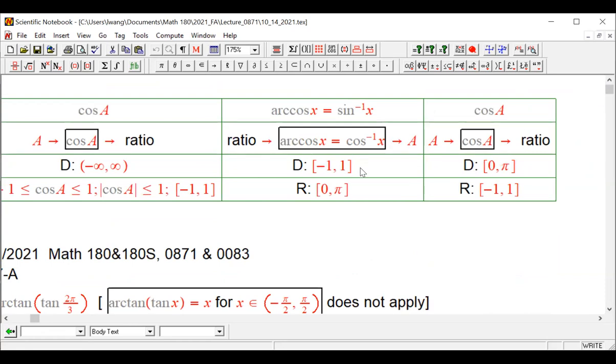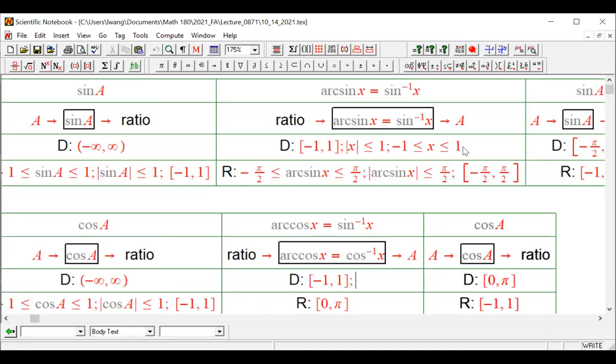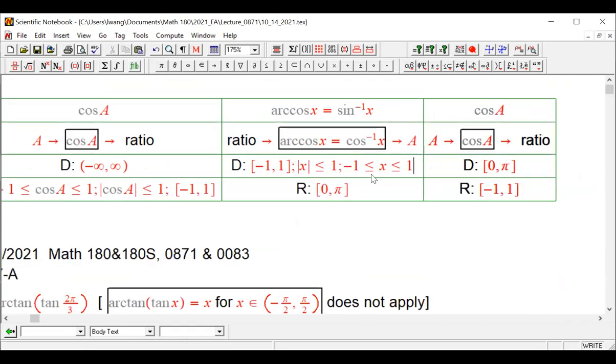The domain part for ArcCosine is similar: absolute value of x less than or equal to 1, x between -1 and 1, and the range of ArcCosine is between 0 and pi.